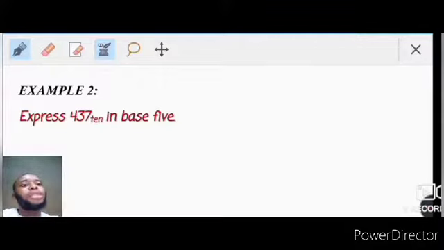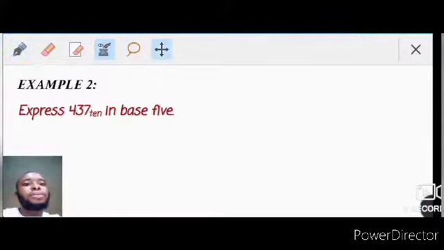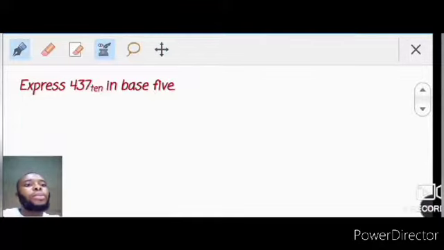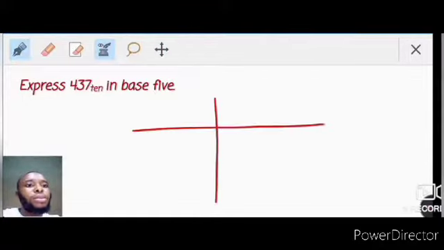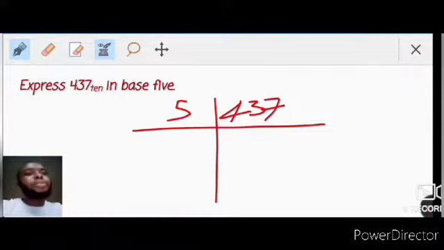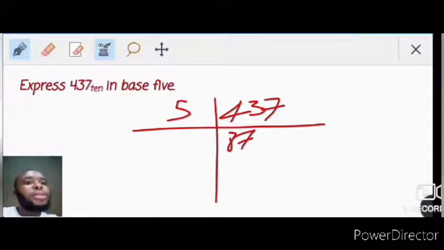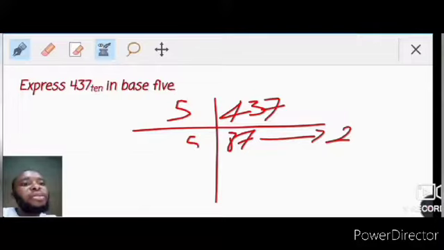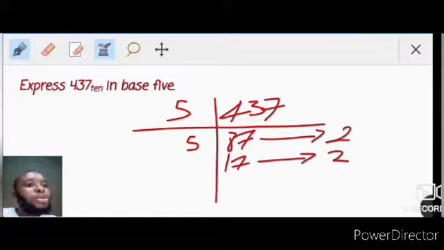Let's see what we can do. 437 to base 5, so you have to divide it by 5. 437 divided by 5, we have 87, remainder 2. Then 87 divided by 5, we have 17, remainder 2.